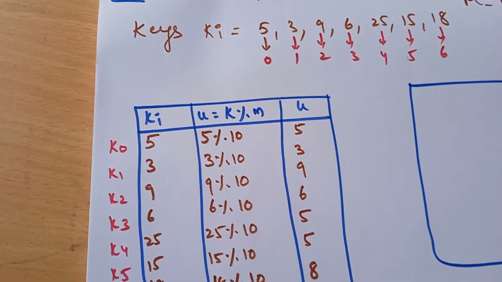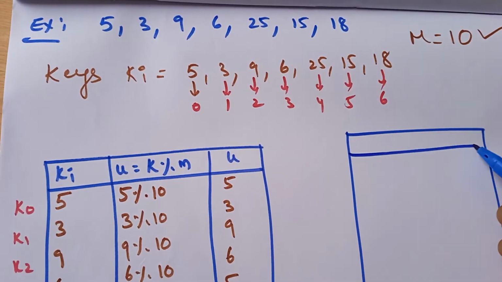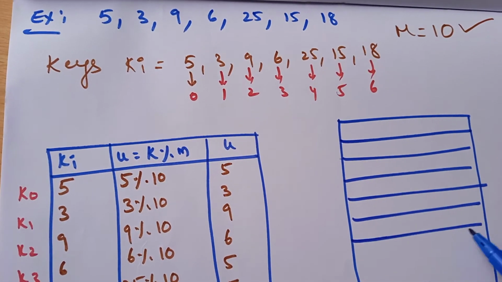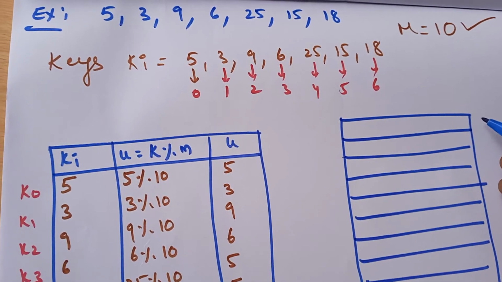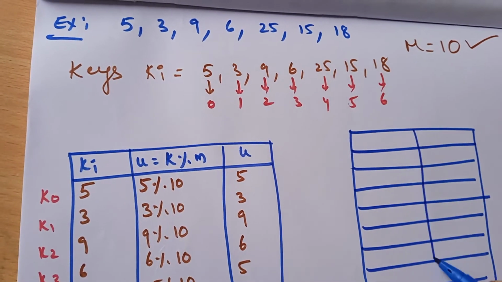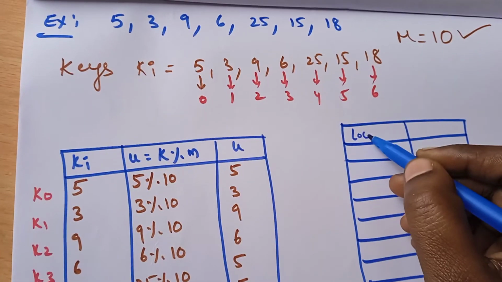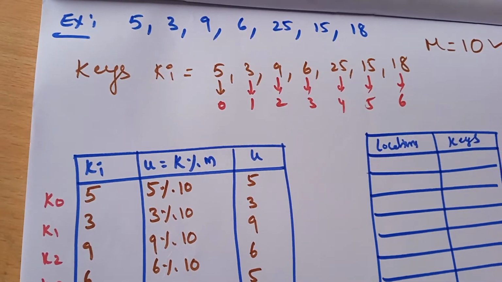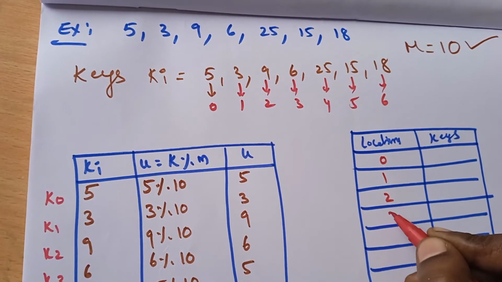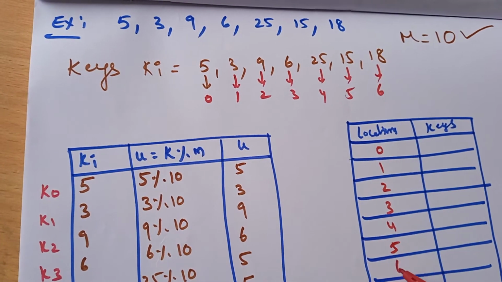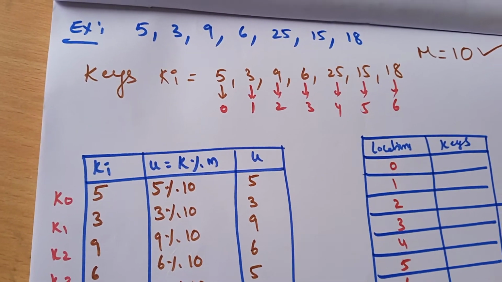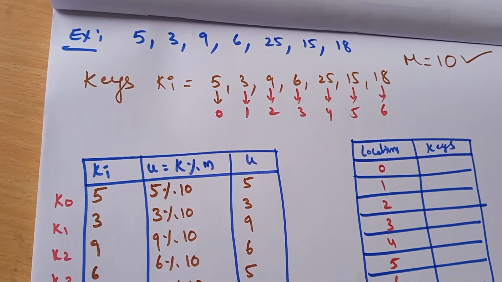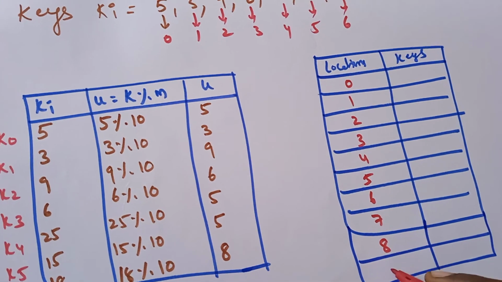Now find out your hash table. Your hash table size is 10. Maximum size is 10. So now these are your locations and these are our keys. Locations 0, 1, 2, 3, 4, 5, 6, 7, 8 and 9.